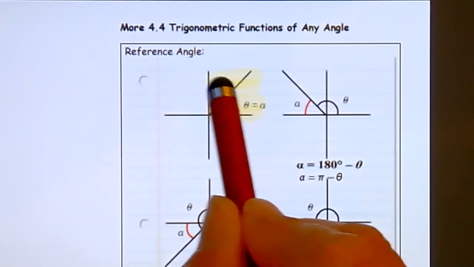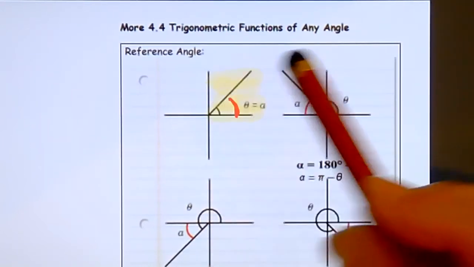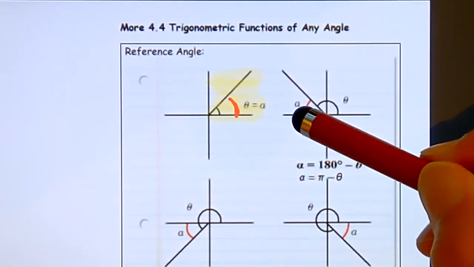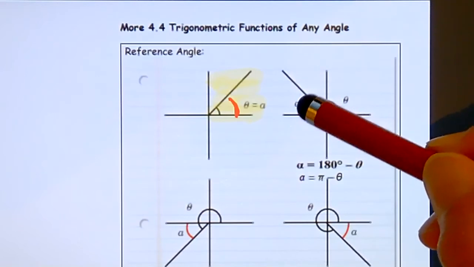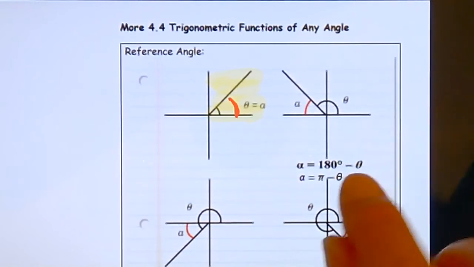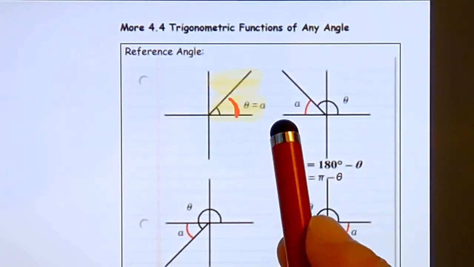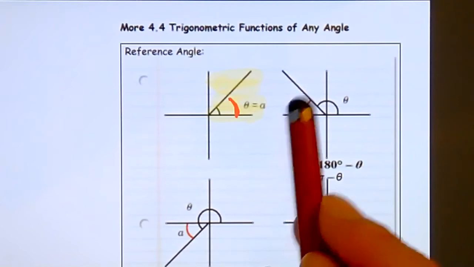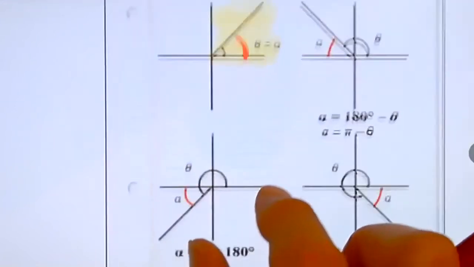That is always going to be our reference angle. So over here, even though it's in this quadrant, I want to know how far off am I from 180, or how far off am I from pi, depending if it's in degrees or radians. So that's why here I took 180 minus it, okay? Or pi minus it to figure out how far off I am.